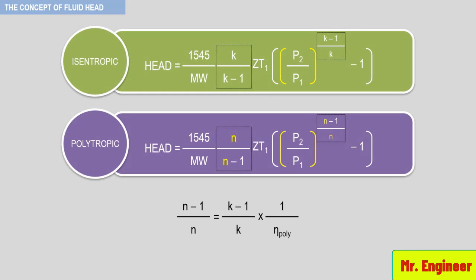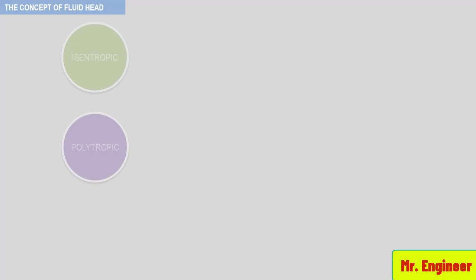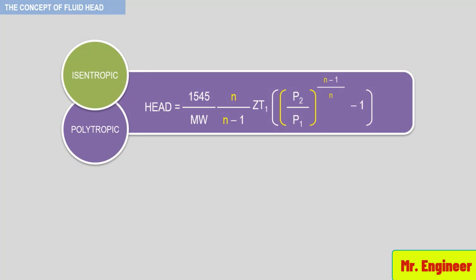N minus 1 divided by N is equal to K minus 1 divided by K divided by the polytropic efficiency. So now if the polytropic efficiency is equal to 100%, then N minus 1 divided by N is equal to K minus 1 divided by K. Or stated otherwise, the polytropic head is equal to the isentropic head.